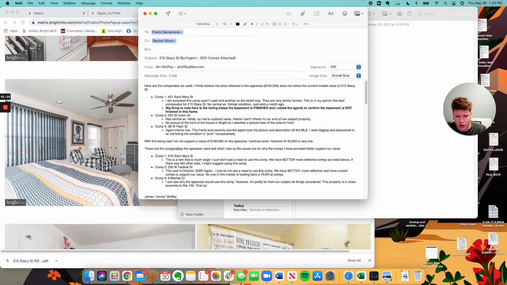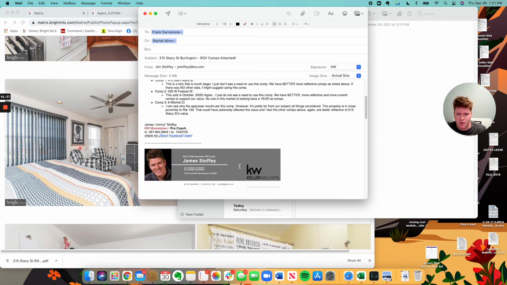That could have adversely affected the value, and I feel the other comps above, again, are better reflective of 215 Stacy Street's value. All right, let me know if this helps.